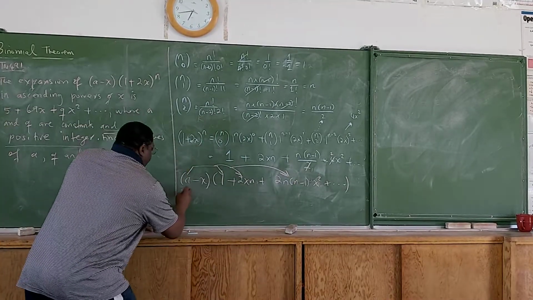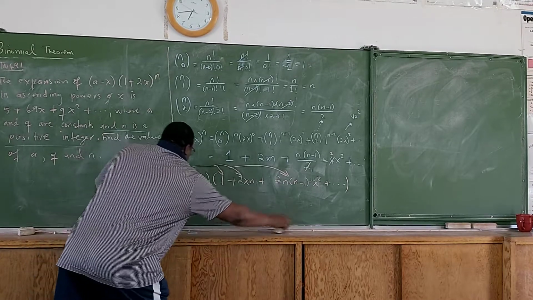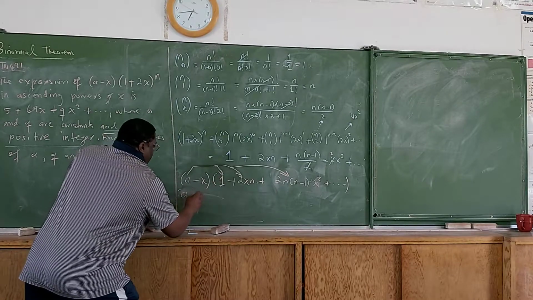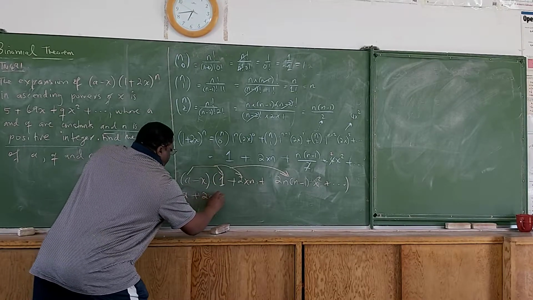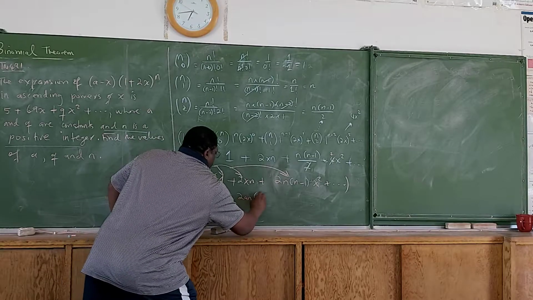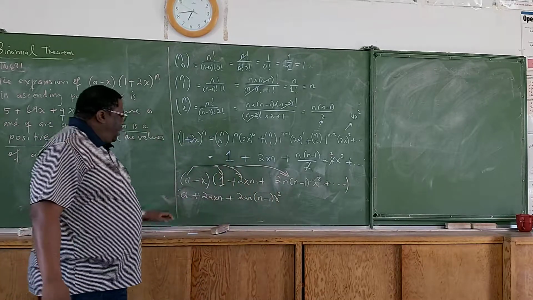So the first one is just a. Then plus 2axn plus 2an(n minus 1)x squared. Now we come to the x.